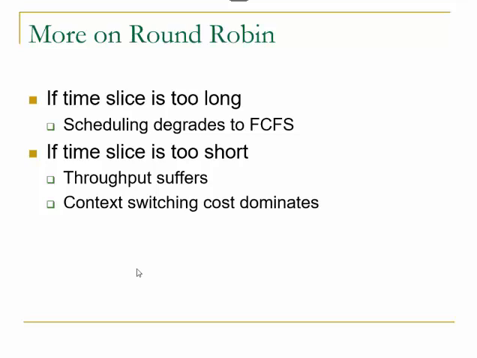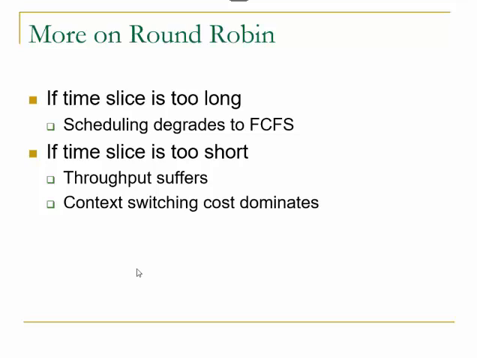So here are some more points about round robin. If the time slice is too long, the scheduling degrades to FCFS. If we take the time quantum very large, then it tends towards first come first serve scheduling. If the time slice is too short, then context switching will occur frequently and throughput also suffers.